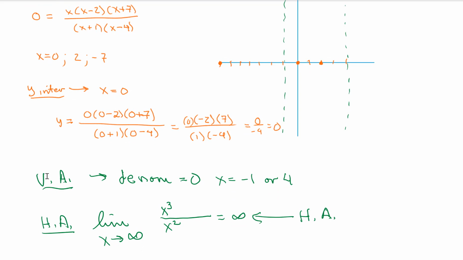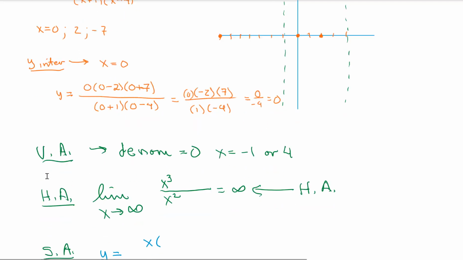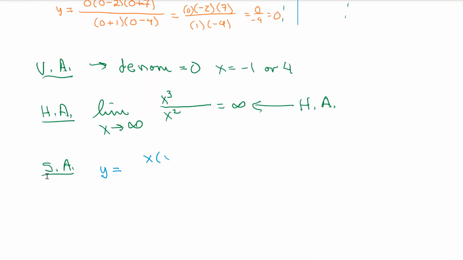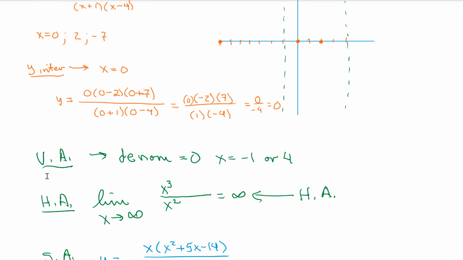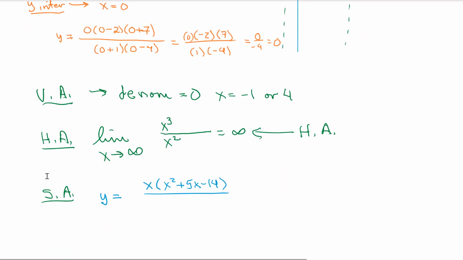In the numerator, I have x minus 2 times x plus 7, which is going to give me x squared plus 5x minus 14. And if you're not sure of that, go ahead and FOIL it out. In the denominator, I have x plus 1 times x minus 4. That'll give me x squared minus 3x minus 4.